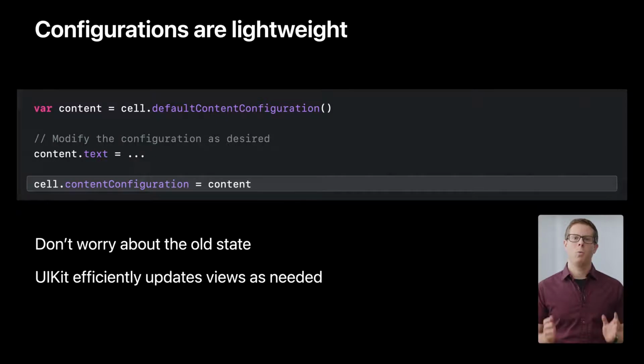Don't worry about whether an old configuration was already applied, and you shouldn't try to get the existing configuration first to make changes to it. Just start with a fresh configuration each time, set it up the way you want, and then apply it to the cell. If you've been using UIKit for a long time, this might feel a bit different at first. But once you start thinking this way, it's incredibly liberating.